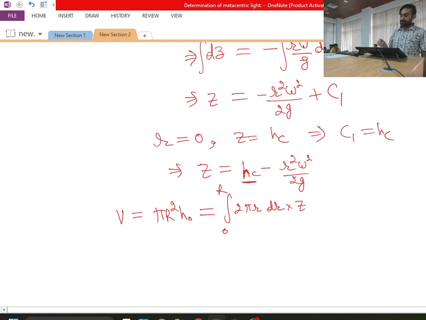Okay, so substitute the value of z over here. So if you do so, what you will be getting? 2 pi r dr into, in place of z you can write hc minus r square omega square by 2g.